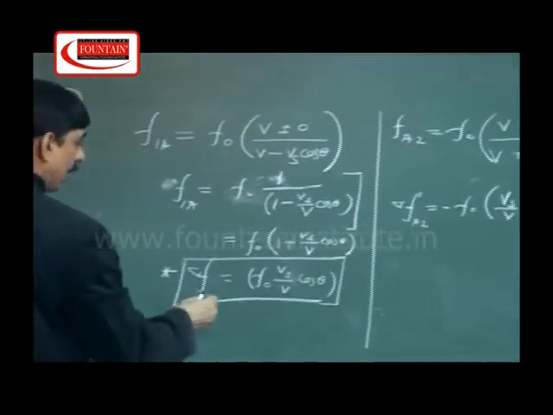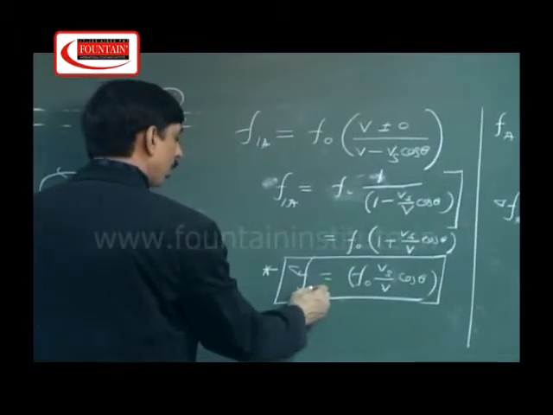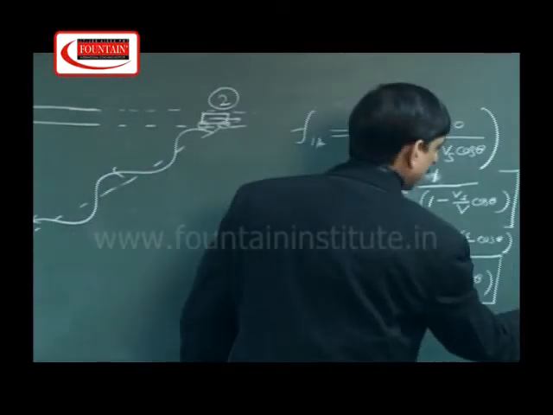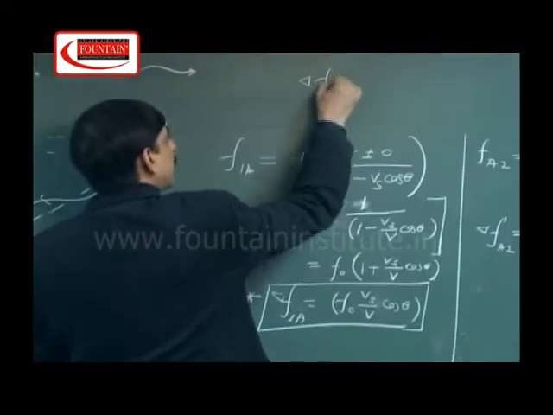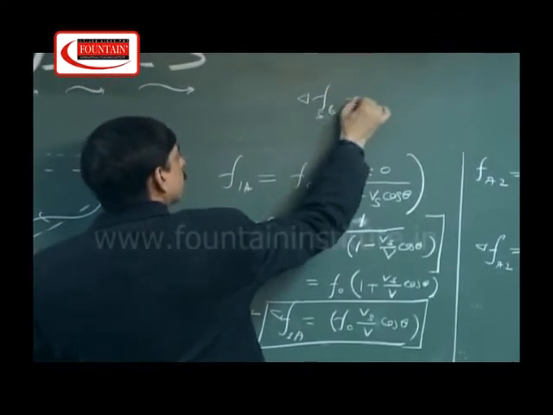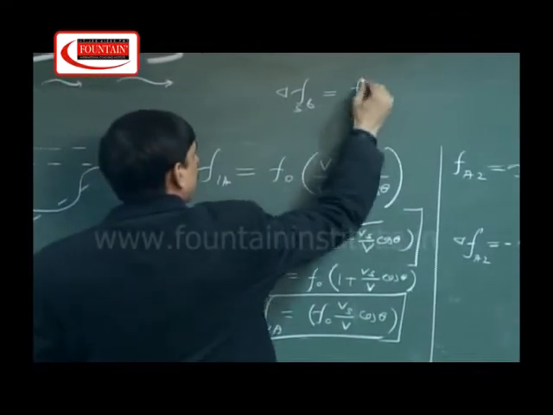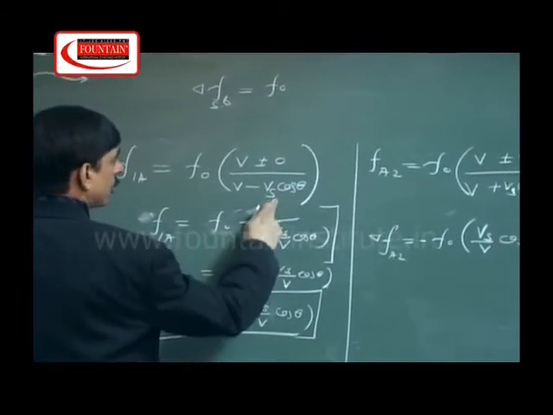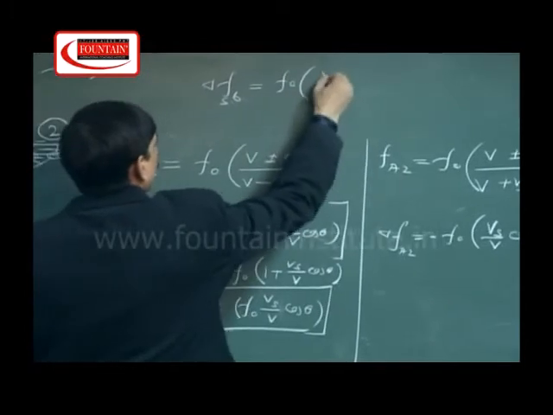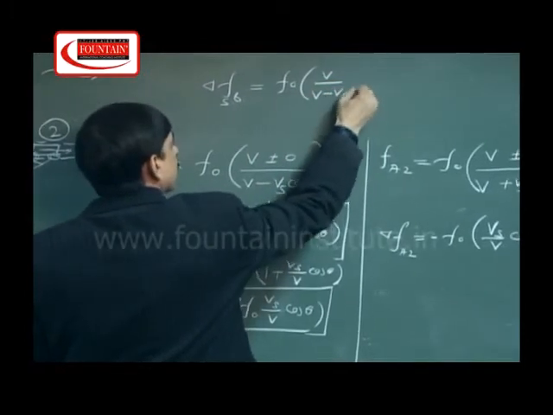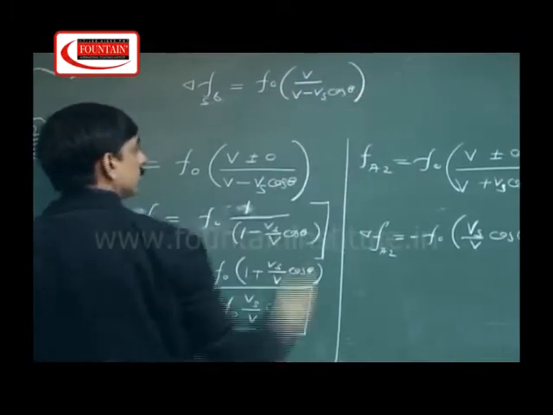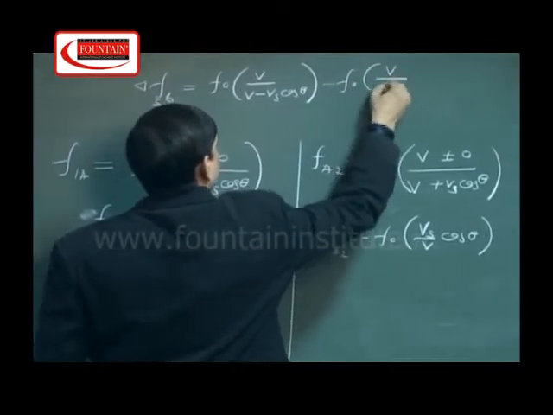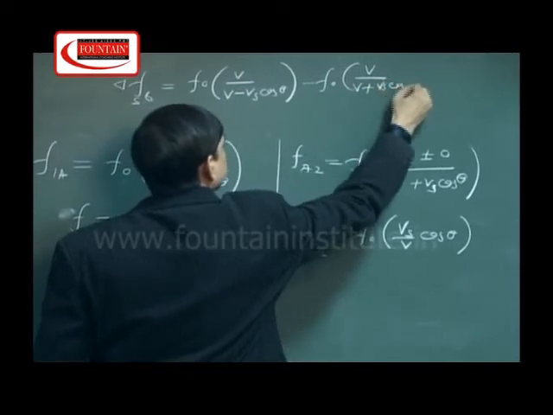That means if we would like to get the difference between them, in the approaching and receding, the successive difference of the beats, called successive beats, can be written as f0. If you go through your formula at the initial stage, it was f0 v upon v minus vs cos theta minus f0 v upon v plus vs cos theta.